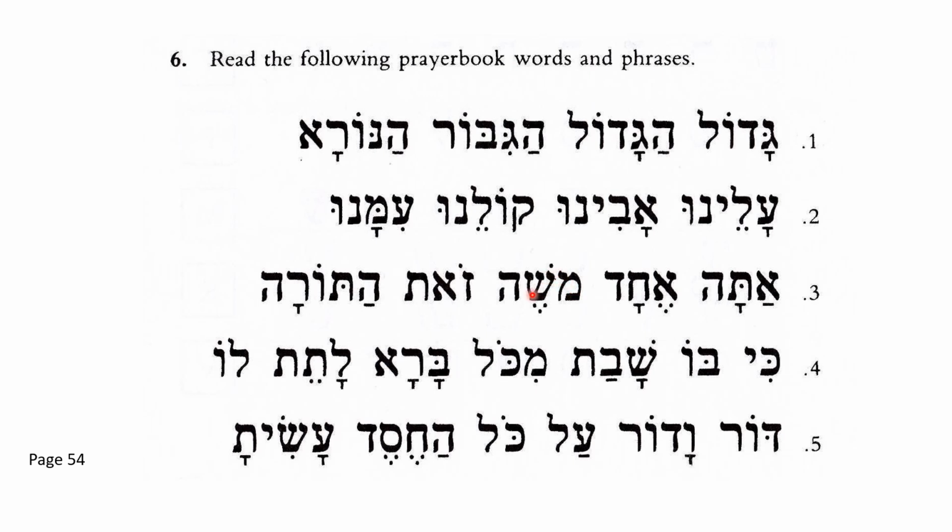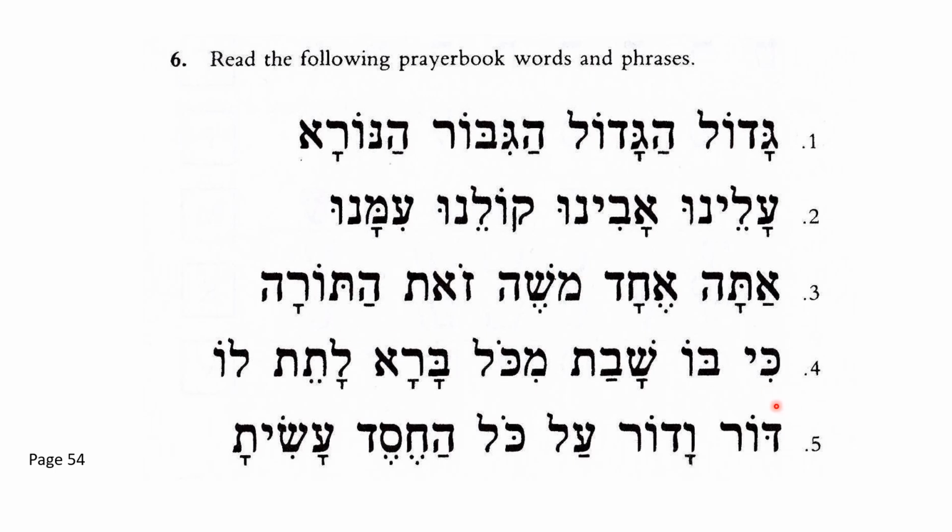But it's also the dagesh for the shin. So Moshe, Moshe. Okay. Zot. Ha-to-ra, ha-torah, Torah.